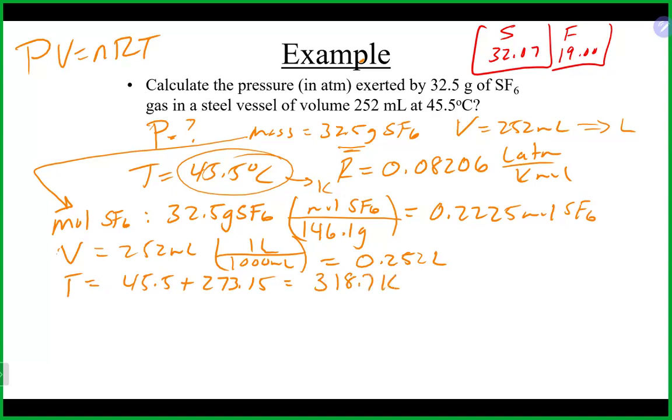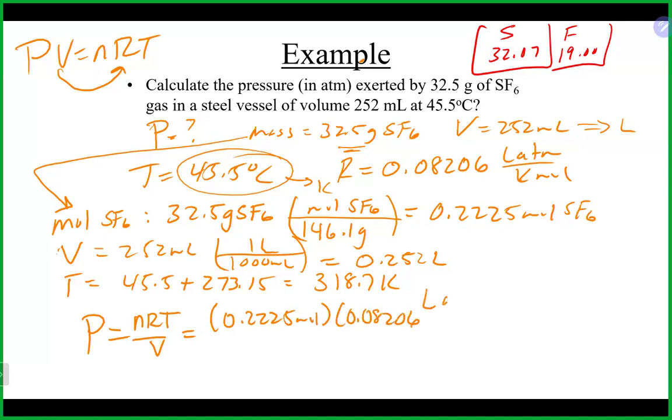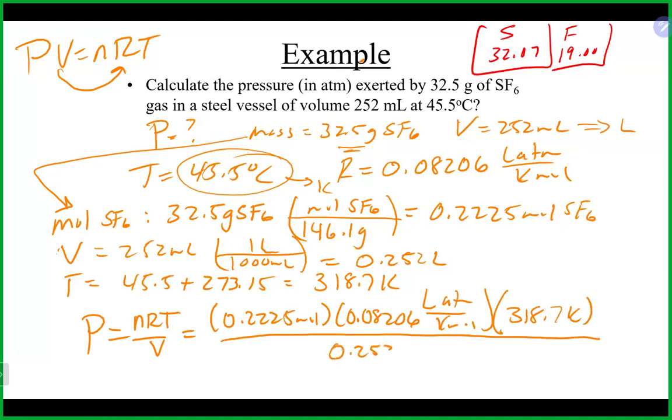Now that we have everybody in the right units, we're going to divide the volume to the other side so we can solve for pressure. Pressure will equal nRT divided by V. Putting in our numbers, 0.225 moles, our gas constant, which we always have, in liters, atmosphere, per Kelvin, mole, our temperature in Kelvin, 318.7, all divided by our volume, which has been converted into liters.